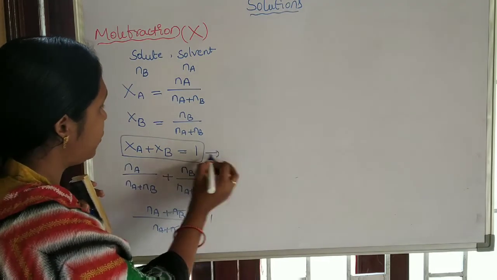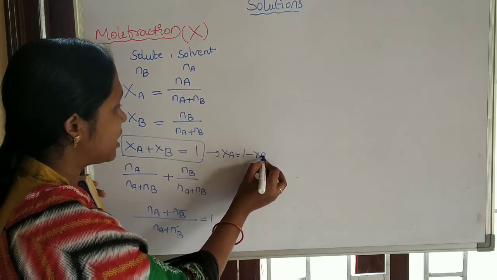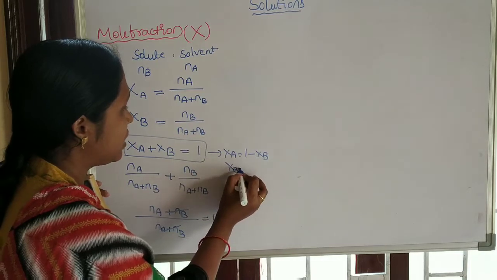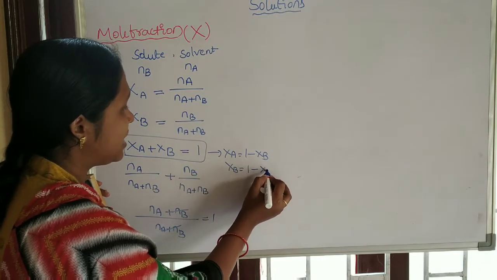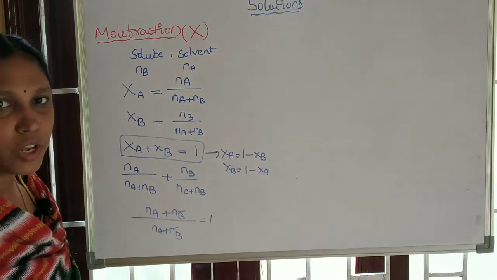So by using that, we will also write XA equal to 1 minus XB, or XB is equal to 1 minus XA. Okay.